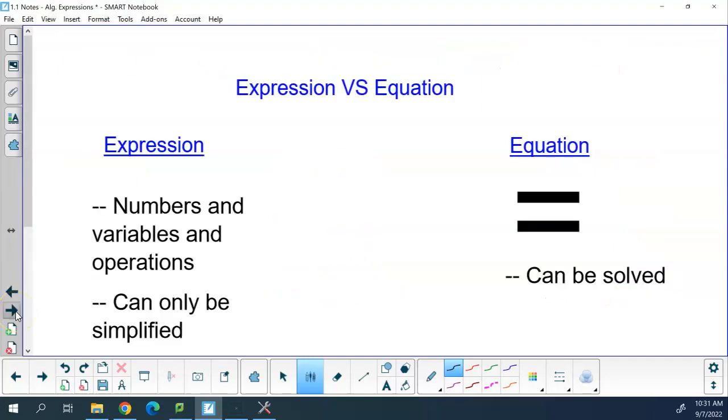Okay? Next thing I'd like to talk about is the difference between an equation and an expression. Okay? And there's one big way to tell them apart, and that's that equations have equal signs.